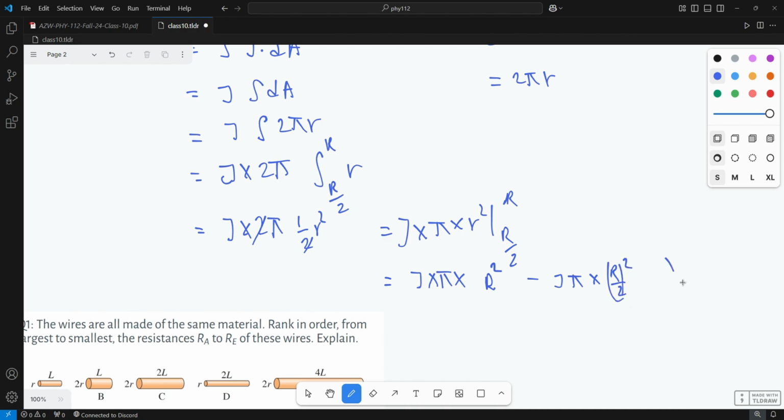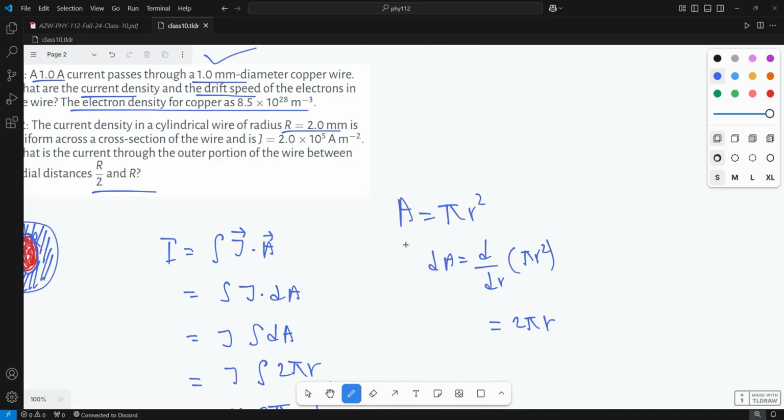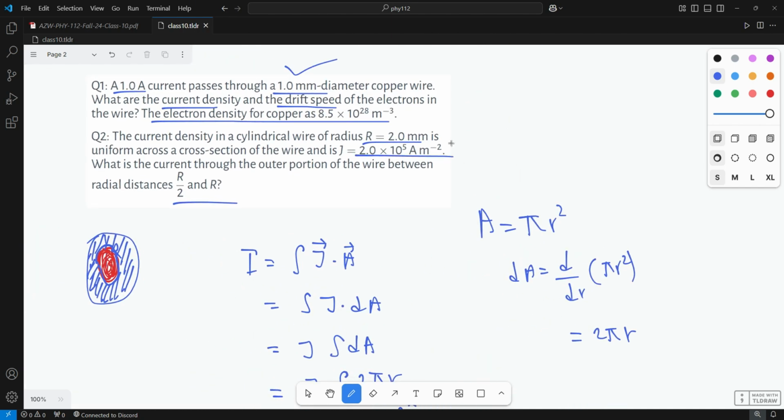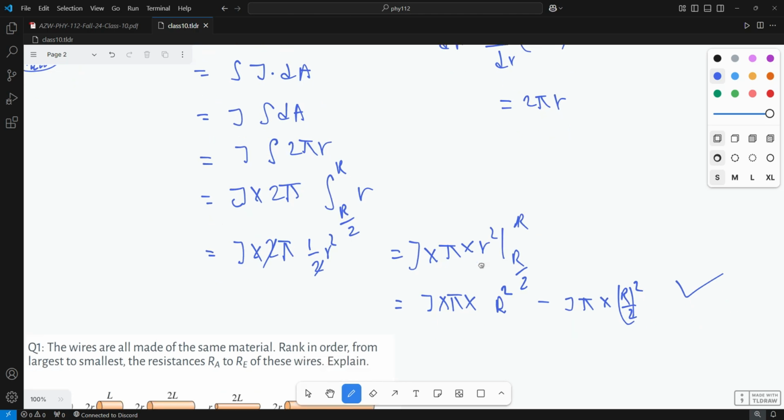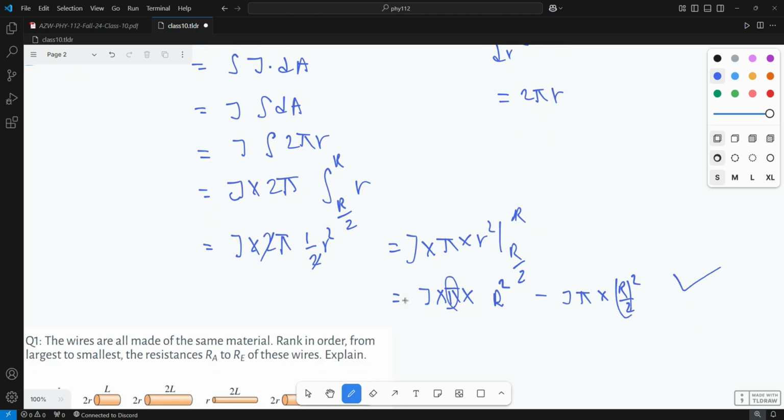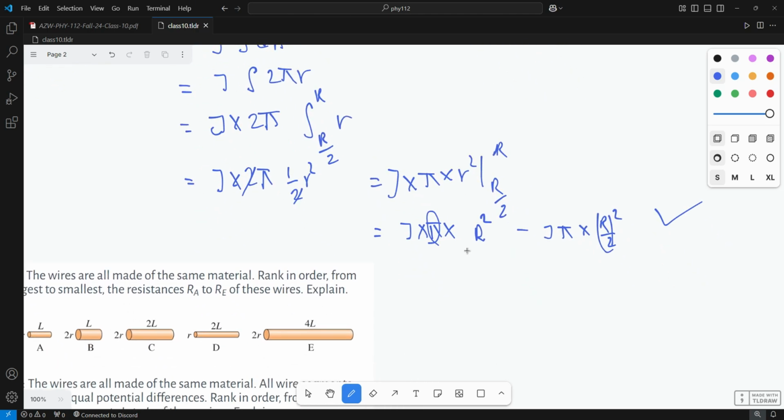You guys can find the answer out. You have the value of j, you have the value of r. You can get r by 2 by just dividing this r by 2, and you know what the value of pi is. So this will be the answer.